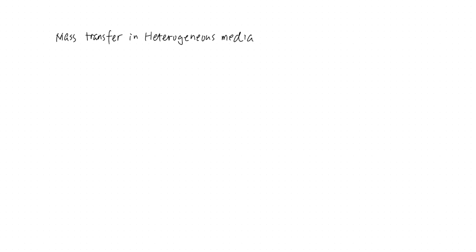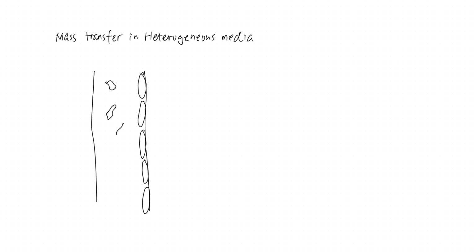So for example, this is your blood vessel, and lined along it are endothelial cells. Within the blood, you have red blood cells, proteins, and other stuff.